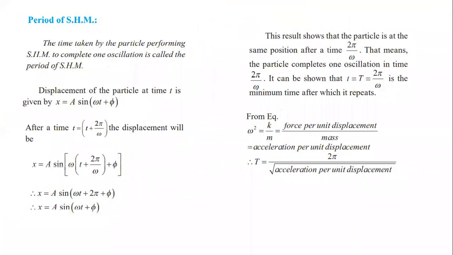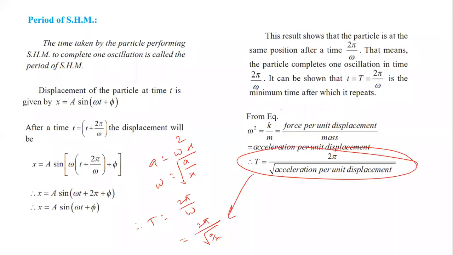In other words, you know that acceleration is omega square x, so omega is the root of acceleration divided by displacement. The period is 2 pi by omega, so 2 pi divided by omega gives the same formula. Here a means acceleration and x means displacement.